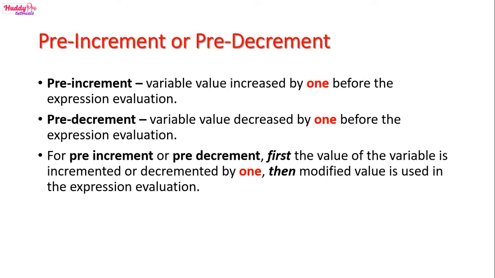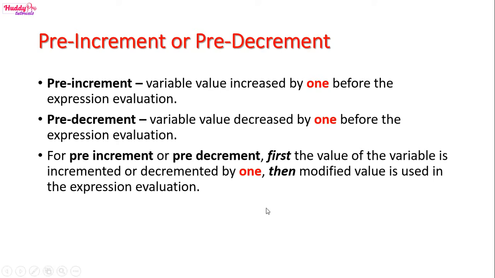Now let's talk about the pre-increment and pre-decrement. In case of pre-increment, the value of the variable is increased by 1 before the expression evaluation, and in case of pre-decrement, the value of the variable is decreased by 1 before the expression evaluation. So when you talk about pre, the increment is done before the expression evaluation.